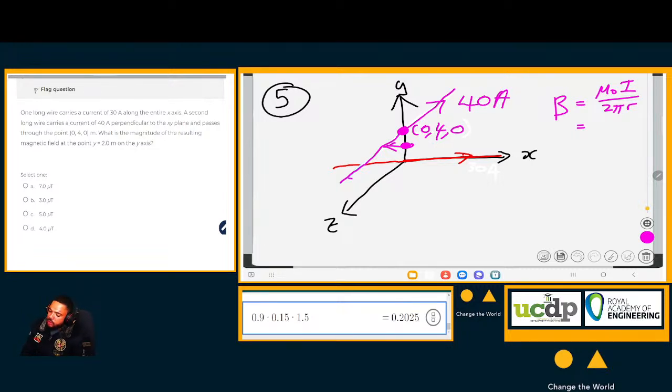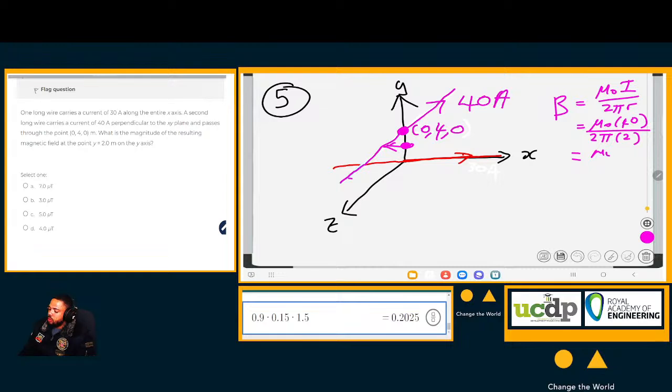That's the direction this magnetic field will point at that point. So first of all, we have mu naught, we have I, which in this case is 40 amps, we have 2 pi, and the distance away from that point is 2.